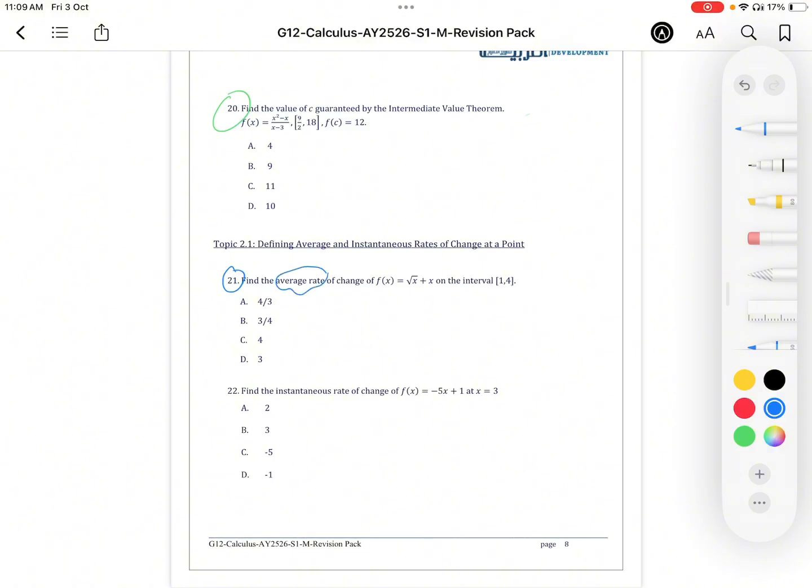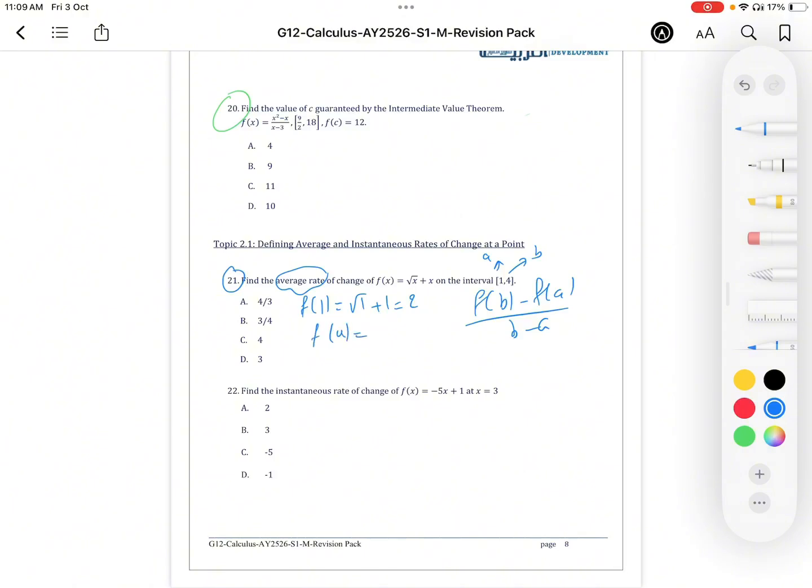Average rate of change, the average rate. The rule is f of b minus f of a divided by b minus a, where this is a and this is b. Let's find first f of 1, which is square root 1 plus 1, which is 2.